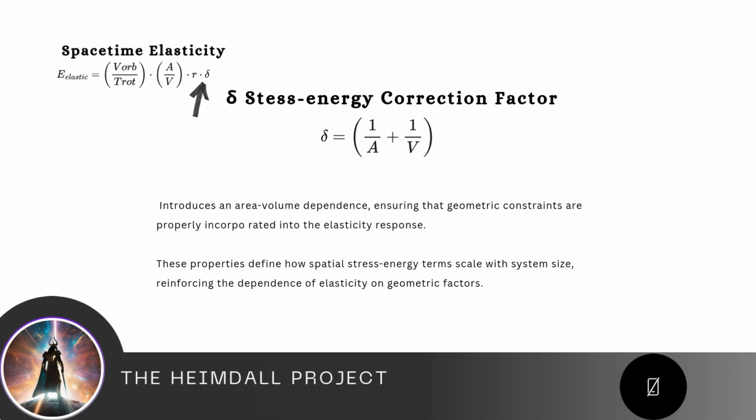It means that the geometry, not the mass of the system, is extremely important. These properties define how spatial stress energy terms scale with system size, reinforcing the dependence of elasticity on geometric factors. So I'm going to say it. I just said it. The geometry of the system matters, not the mass.